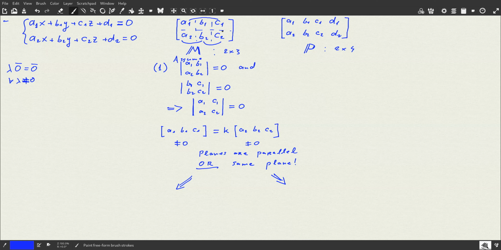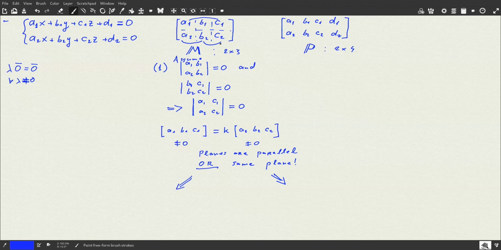Although there are 3 columns here, these 3 are linearly dependent, and any 2 of them is also linearly dependent, which means that column 2 is proportional to column 1, for example. Column 3 is proportional to column 1, provided that column 1 is non-zero. At least one of them is non-zero, and others are proportional to it, so that only one row and only one column is independent of the others.